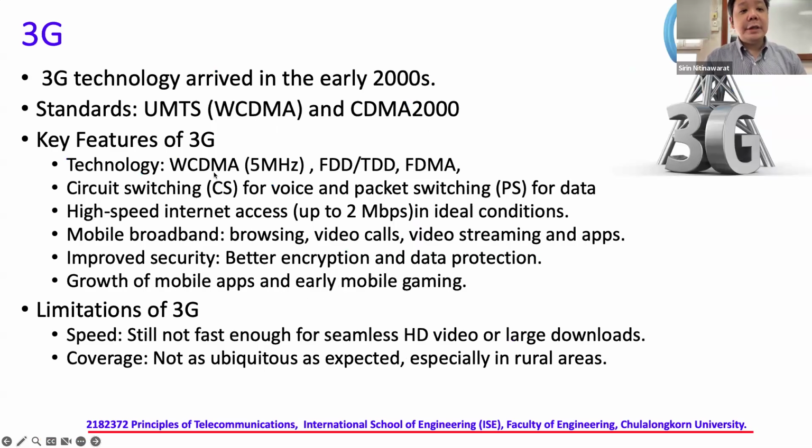Then starting from 3G, we see significant offload of the data traffic on 3G network in particular through the internet, right? But the voice traffic is still going through the edge of the cellular network, 3G network, and also through the legacy core of the home telephone network, right?